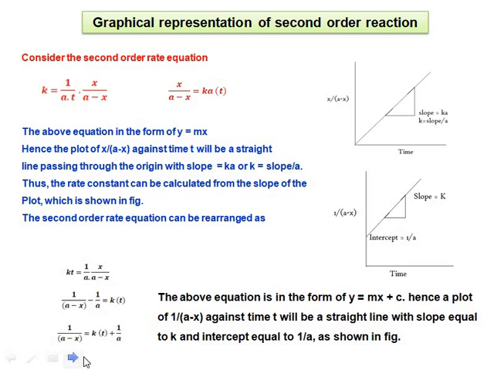So 1 upon a minus x is equal to k into t plus 1 upon a, where 1 upon a is a constant.